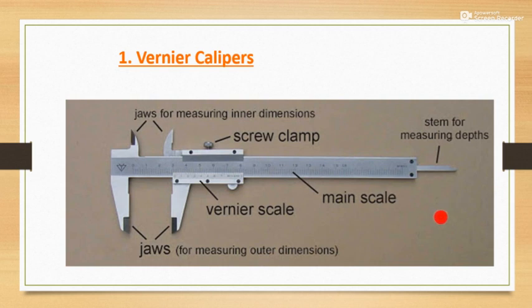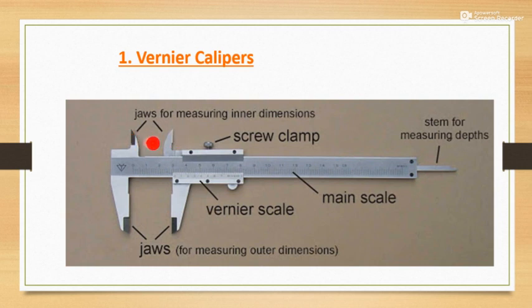Now first of all, I will describe the vernier caliper. The vernier caliper has two scales: the vernier scale, which you can see here is this part, and the main scale part. Next is the strip for measuring depth, and you can see here a part we use to measure the depth of an object.